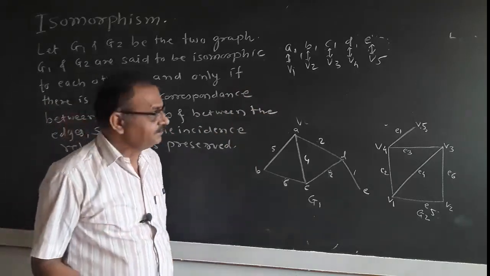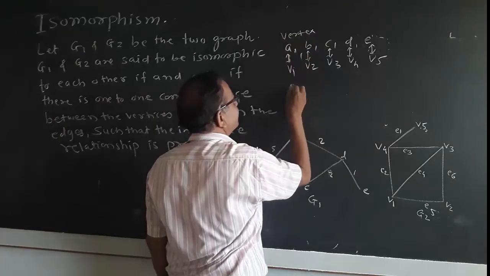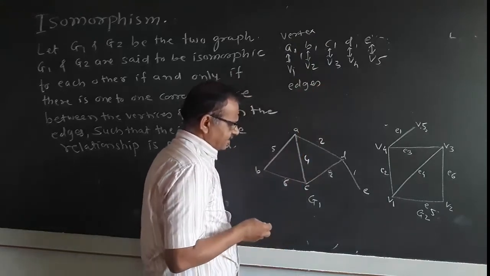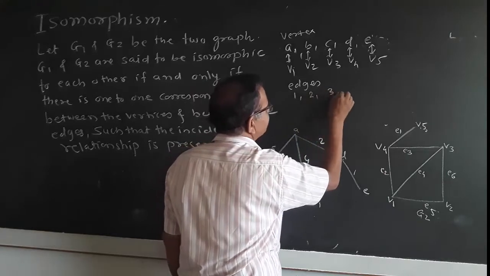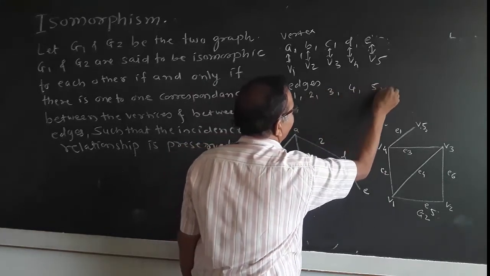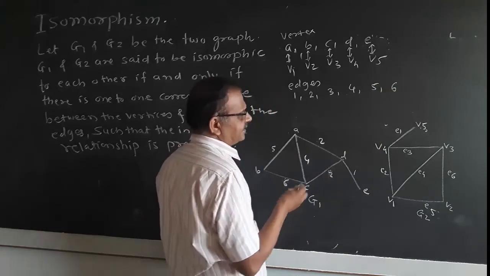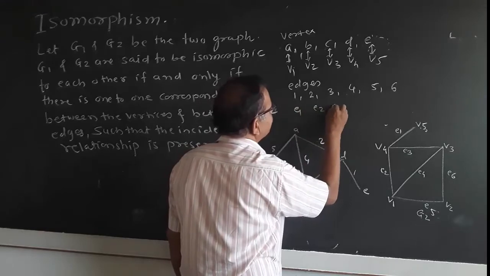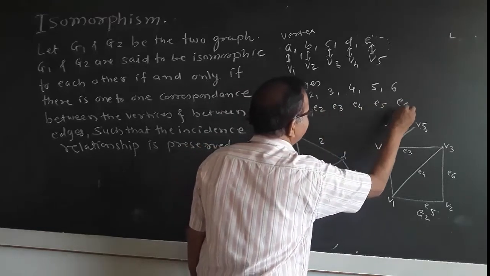Now the edges. This is the vertex correspondence; now, edges. Edges in G1 are 1, 2, 3, 4, 5, 6, and edges in G2 are E1, E2, E3, E4, E5 and E6.